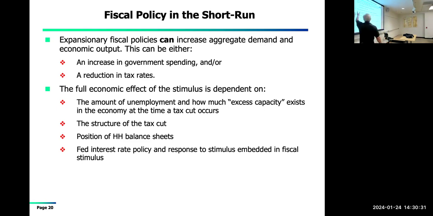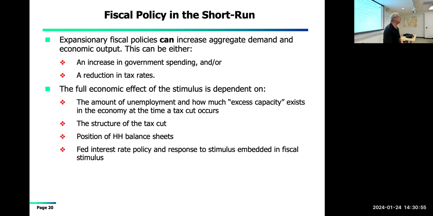So one of the things that makes all of this difficult to talk about on a news program, where you're given 15 seconds to answer a question that really takes a good half hour, is the following. Exactly how much stimulus you get from the federal government doing stuff depends on where the economy is.